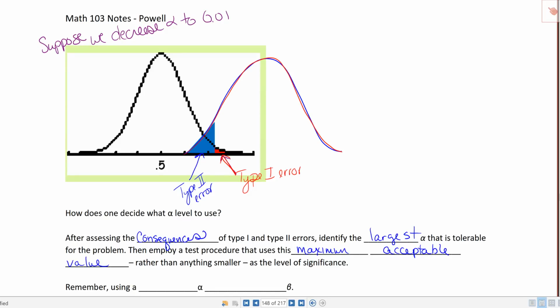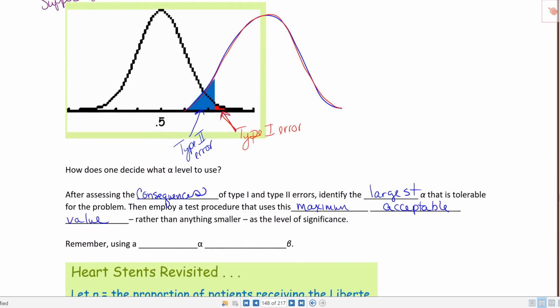So what you're doing is you're saying this is what we can tolerate as far as being wrong. You decide whether the type 1 error or the type 2 error is the more dire, and then you make your decisions based on that. And what you have to remember is that by using a smaller alpha, that will increase beta. A smaller alpha increases beta.